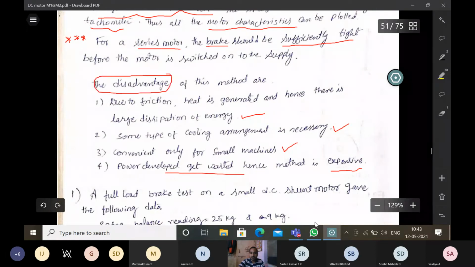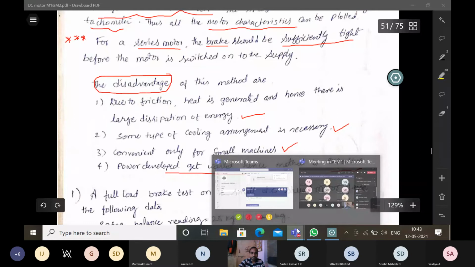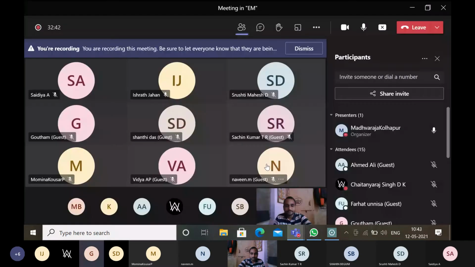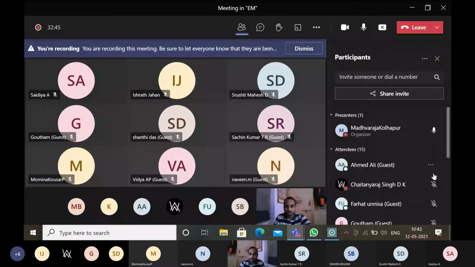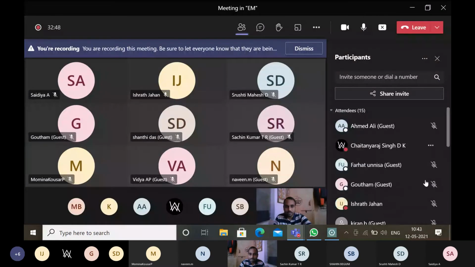Okay, all of you got this? Yes, sir. Ahmad Ali. What about the series motor? Series motor is connected, will it be started with the load or without load?